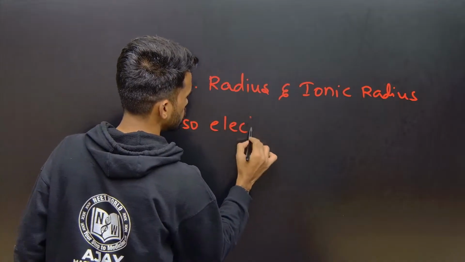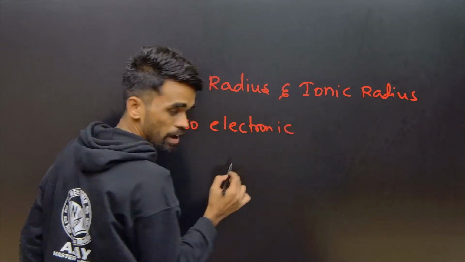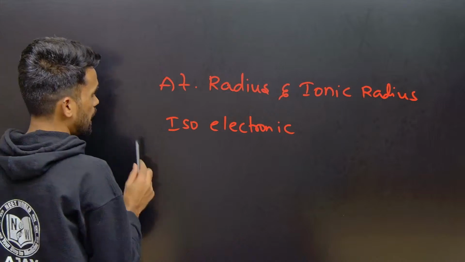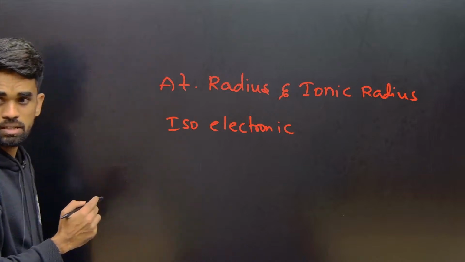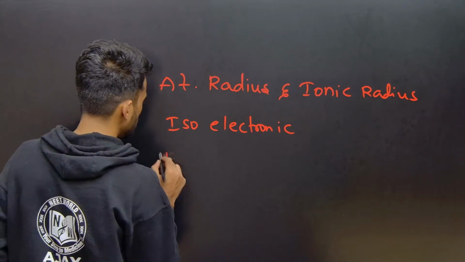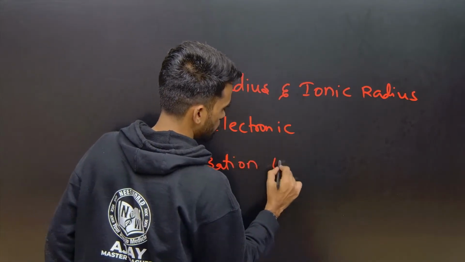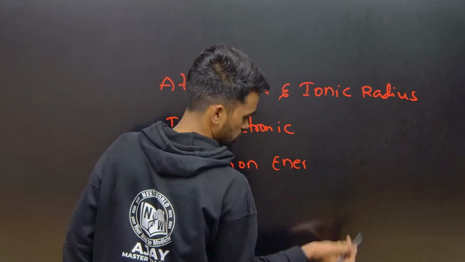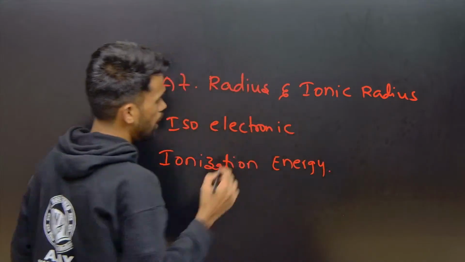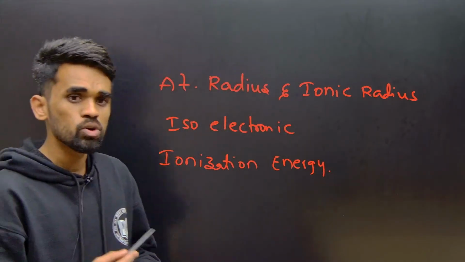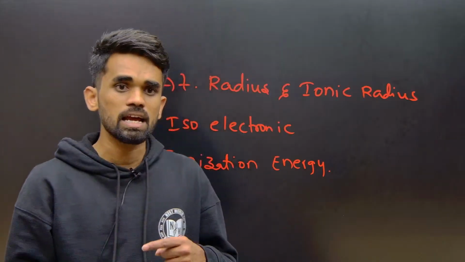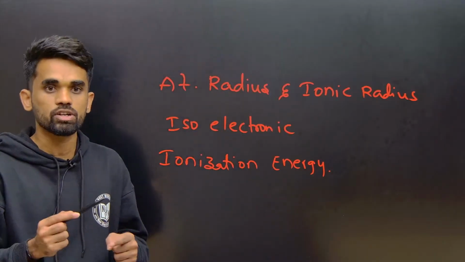This is not a property, actually; we discussed the concept. And then we also discussed ionization energy or enthalpy. And we need to discuss electron affinity or electron gain enthalpy as well as electronegativity.